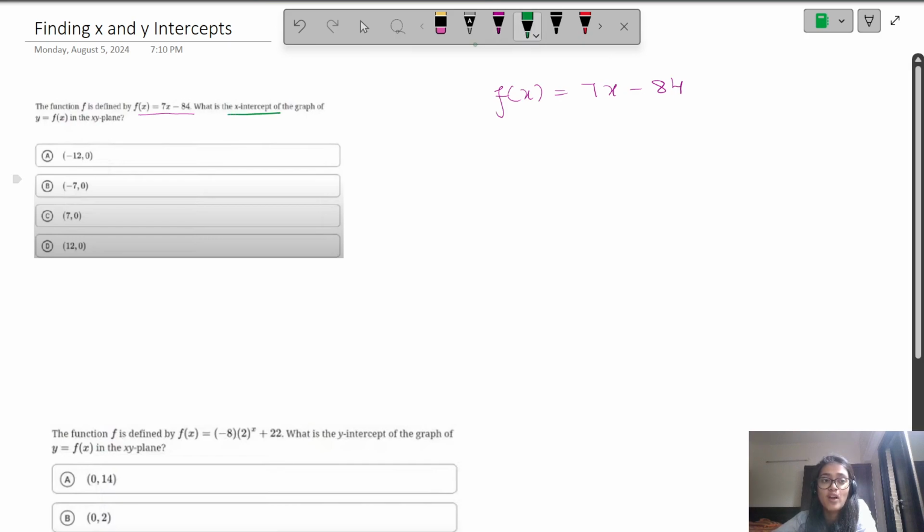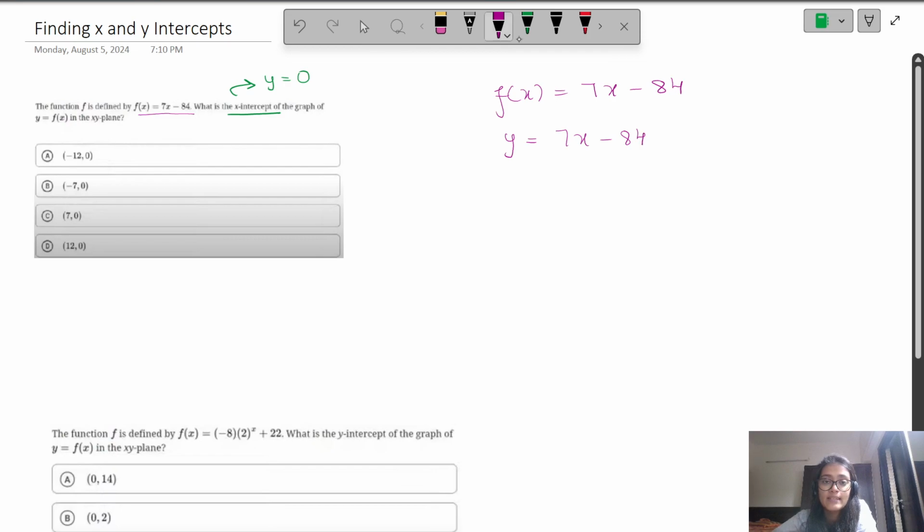Remember, if you have to find out the x-intercept, then you put y is equal to 0 in the equation, and if you have to find out the y-intercept, then you put x is equal to 0 in the equation. In this case we have to find out the x-intercept, so we put y is equal to 0. This is function notation, so we write it in equation notation: y is equal to 7x minus 84.